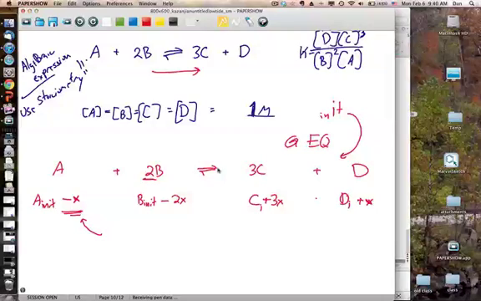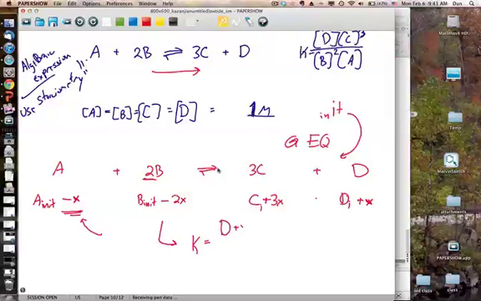And so this can be plugged into our algebraic expression. And knowing K, A initial minus X, we could generate a more algebraic expression for this.